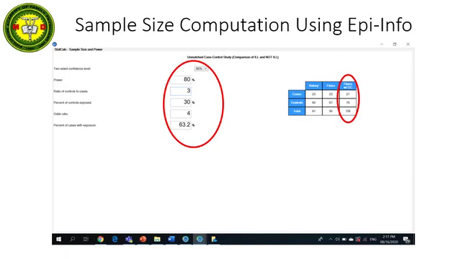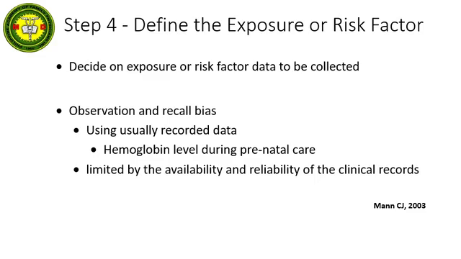So if this is the sample size computation, the next step: you have now defined the population, the controls, and the cases, and you have decided on how many cases and how many controls to get. The next is to define the exposure. In our example, the exposure is anemia. The definition of anemia is a bit easy.